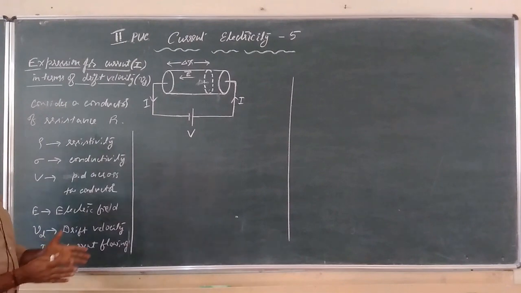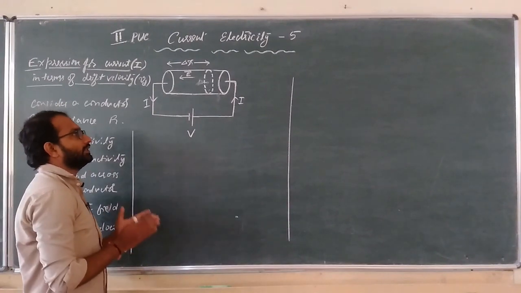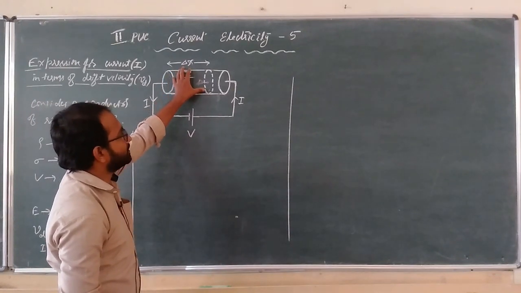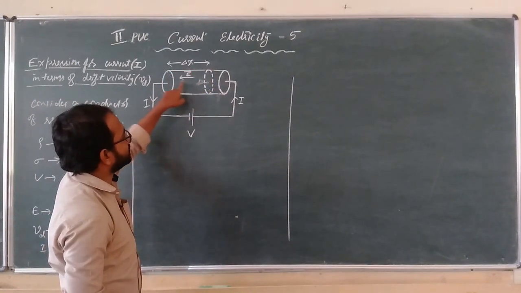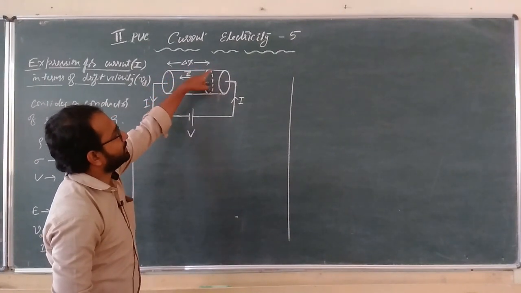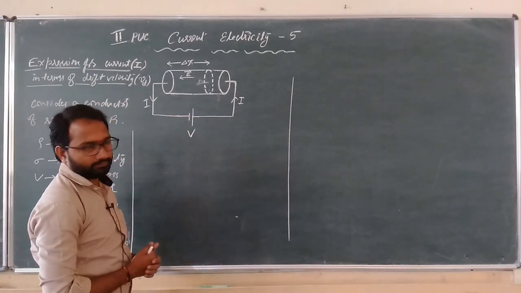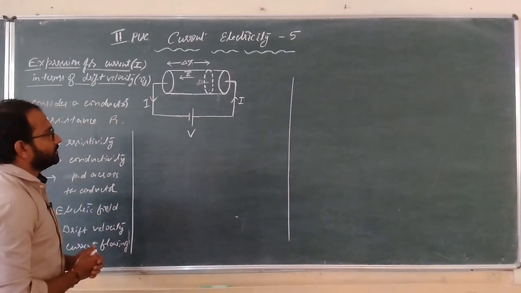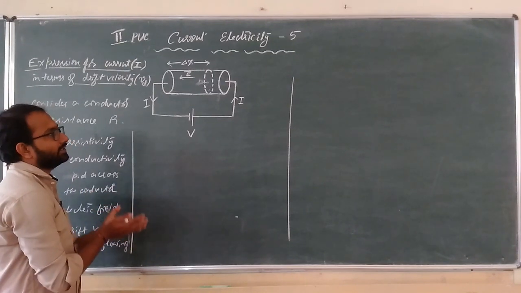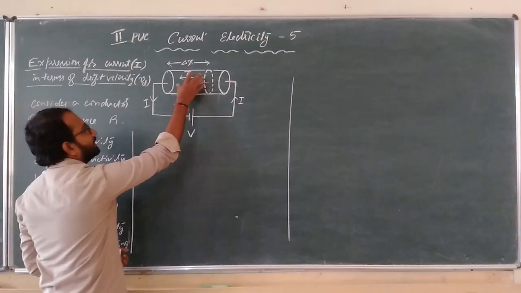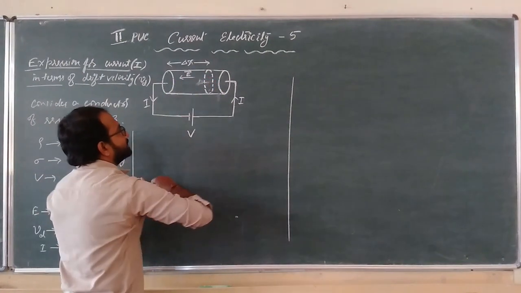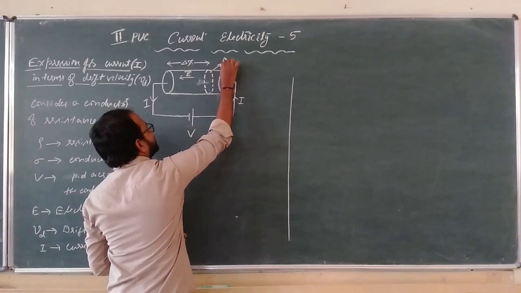I am taking the time interval delta t such that all the electrons present in this particular volume are crossing this area. You have to consider such an interval of time, delta t, in which all the electrons present in this volume cross the area of cross section. Say the area of cross section is A.